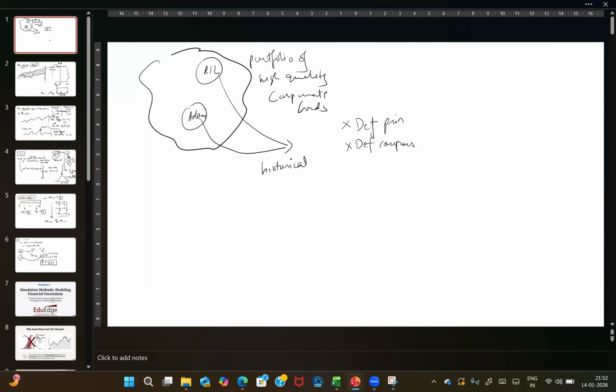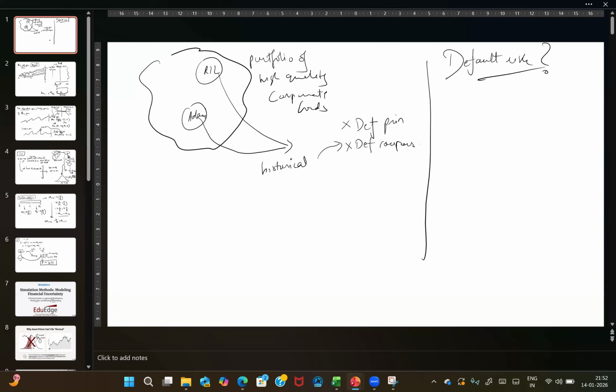So there are no defaults in terms of principal or defaults in terms of coupons. But suppose I tell you to calculate the default risk of my corporate bond portfolio. Now, can I say historically these have never happened? That Reliance or Adani bonds or AAA bonds of currently high quality companies have defaulted. There's no historical precedent for that.